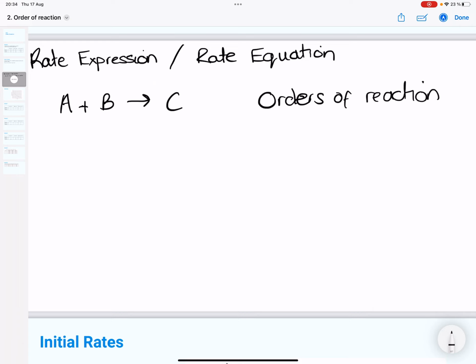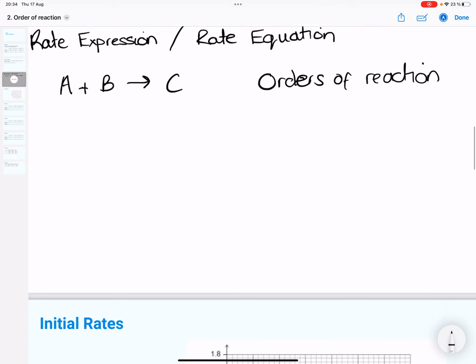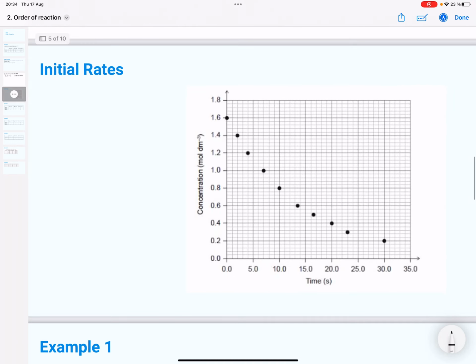Okay, so I'm going to show you experimentally how we can use data to determine the orders of reaction, and this can only be done using experiments. The way to do that is to use something called initial rates.